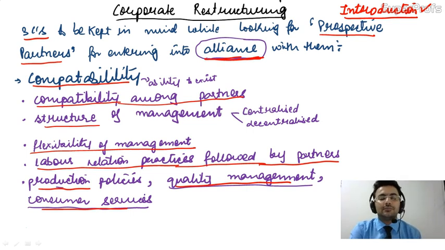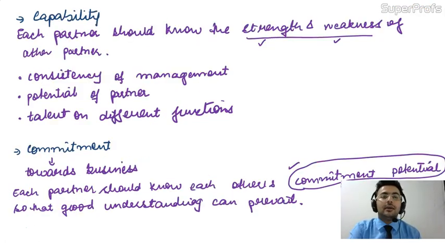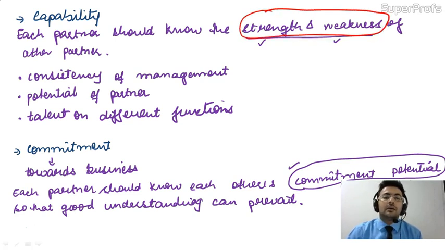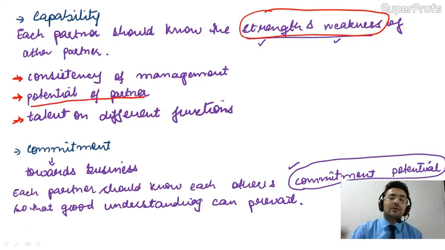We have spent a lot of time on that, so we are not going to do it again. So, what is capability? When it comes to capability, for being a partner, I should always have knowledge of the strength and weakness of my partner. What does that include? Consistency of management, and potential of the partner: whether my partner has the potential of putting in 1,000 crore rupees more, and whether he is capable of sending his employees on deputation out of India.